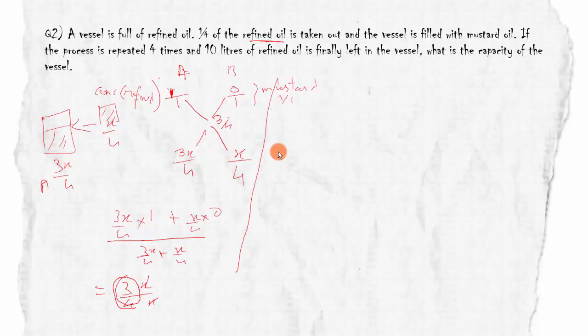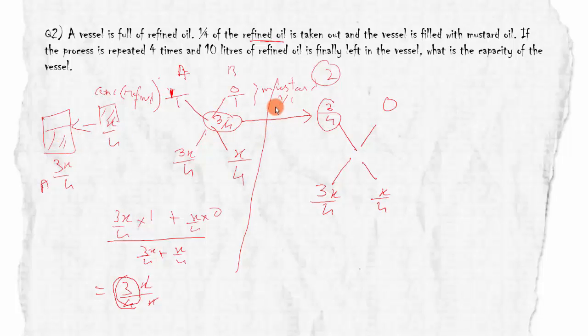So this was step 1. Now in step 2, again we are mixing this 3 by 4 concentration with mustard oil, again 3x by 4 liters and x by 4 liters. You understood this, right? This is our final concentration.